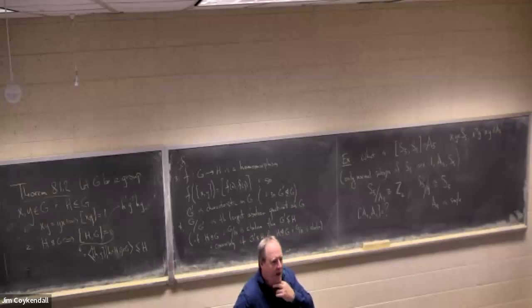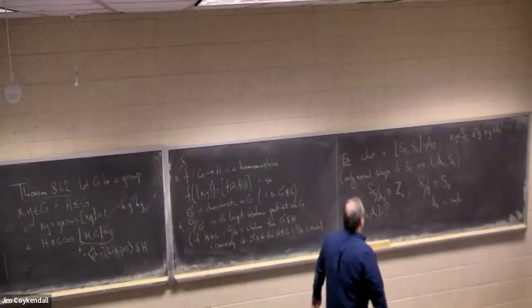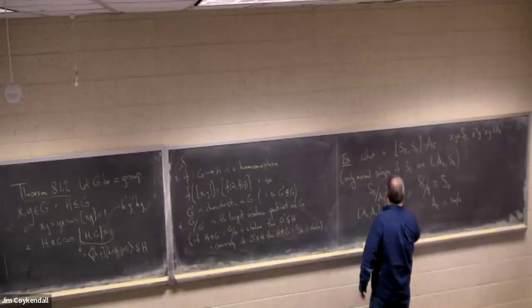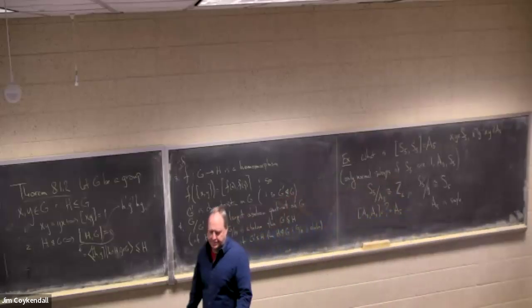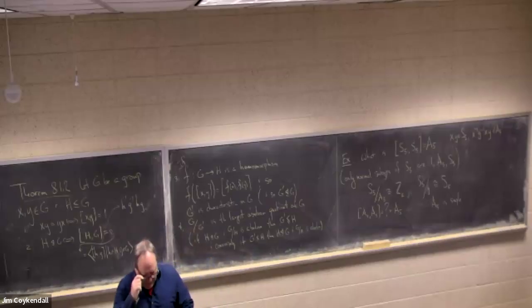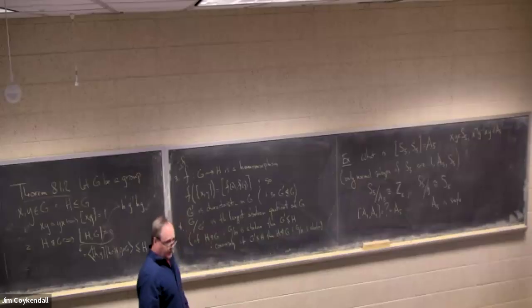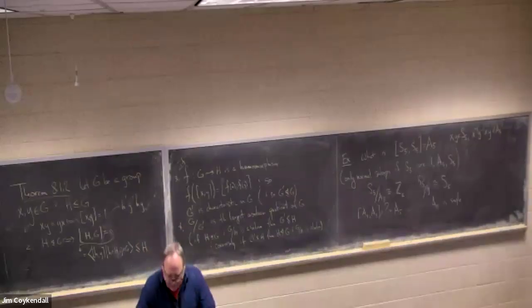A5 mod A5 gives you the identity group, that's certainly abelian. A5 mod the identity gives you all of A5, which is not abelian. So the commutator subgroup here is A5. We did that just knowing it is the smallest normal subgroup such that the quotient is abelian.